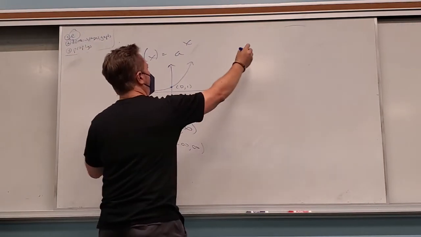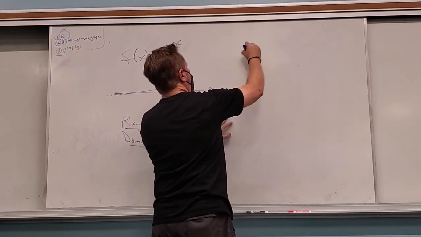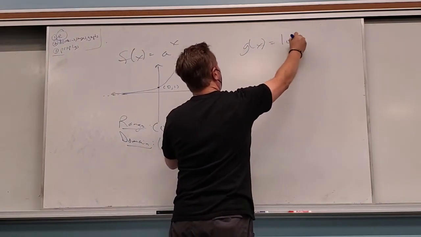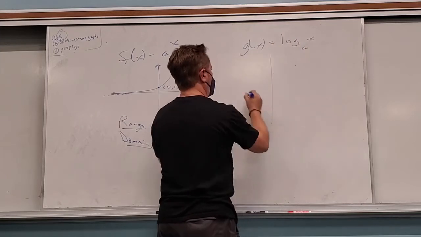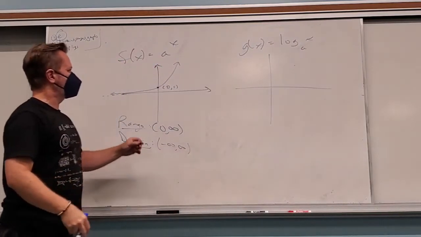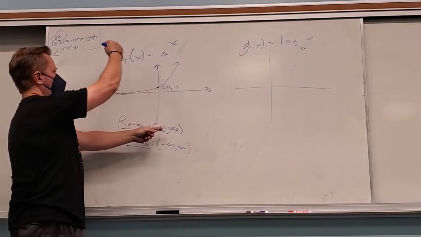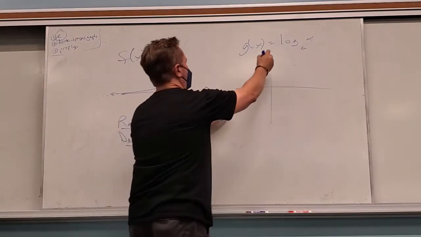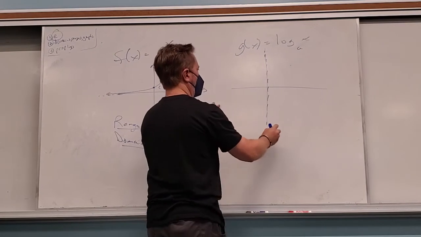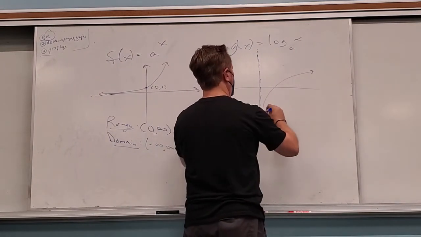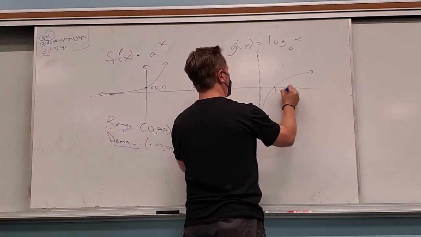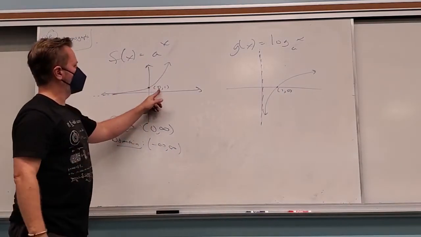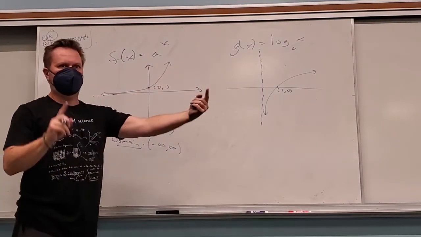Now let's look at the log. So where does the asymptote go when I reflect things? The y-axis. And of course it looks like this, and it goes to the point 1, 0. That makes sense. Since that always goes through 0, 1, this always goes through 1, 0.